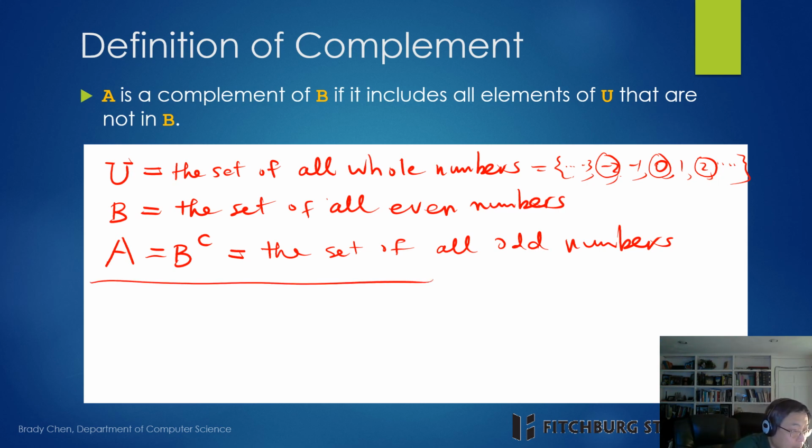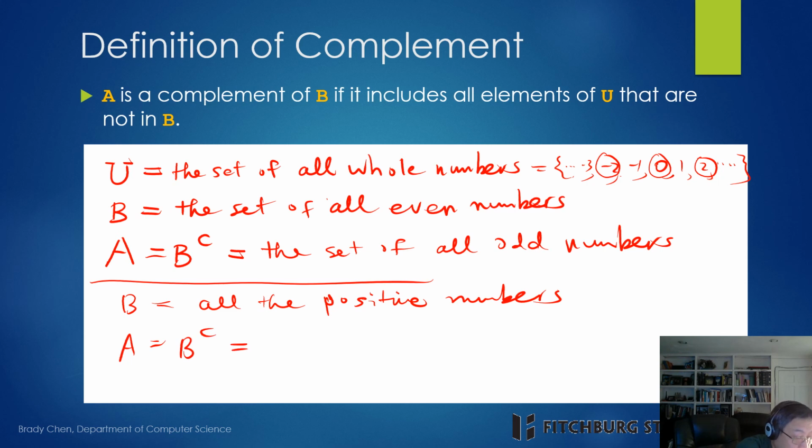Okay. Now suppose B is all the positive numbers, right? So what is the complement of B? The complement of B, which is A, should be all the negative numbers, right? Is that right? This is not complete, right?